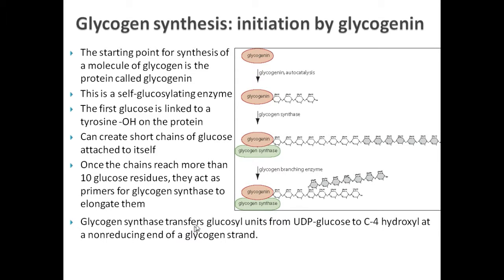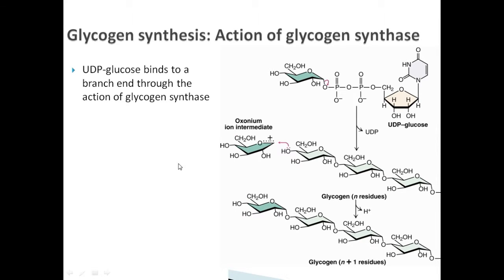The glycogen synthase will then transfer those glucosyl groups from the UDP glucose that we saw on the previous slide to the C4 hydroxyl at a non-reducing end of the growing glycogen strand. This is how more glucose residues are added to this growing chain.